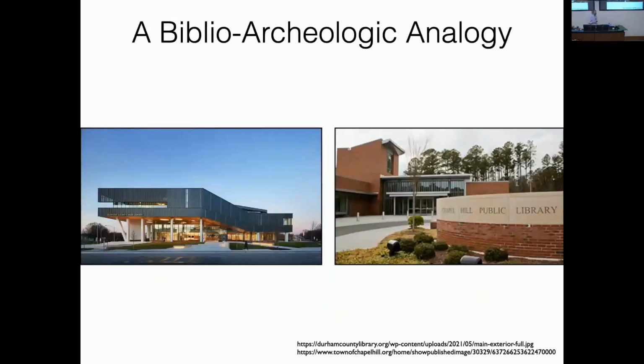And so we're excavating at the former sites of the Durham main public library, and I don't think it's the main library in Chapel Hill, but some other library in Chapel Hill.